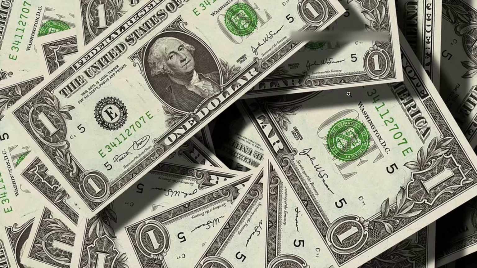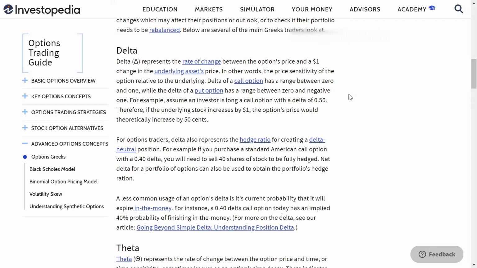And we're going to start off with delta. Delta is one of the simplest Greeks to understand: when a stock moves a dollar up or a dollar down, that rough move on the delta is what the premium will move. So if you have a delta of 50 cents, you'll have basically a $50 move because it's amplified by 100 shares. So that 50 cents is the equivalent of $50.